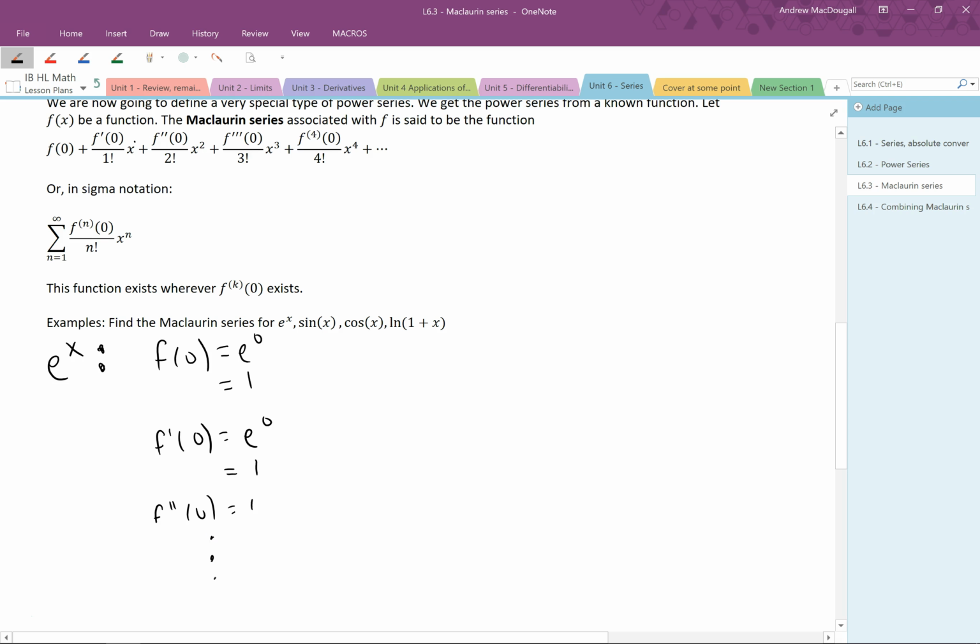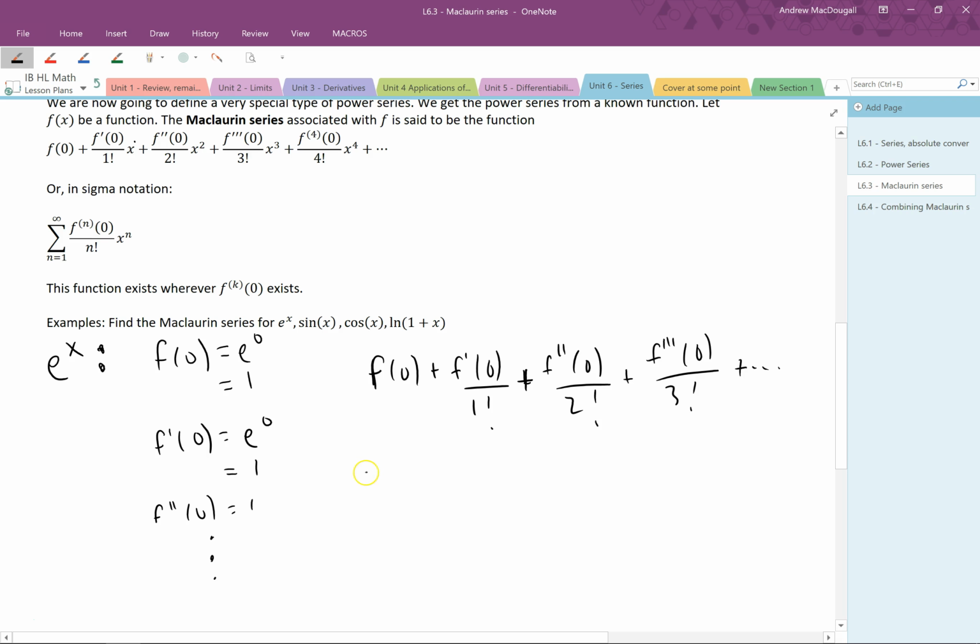So the Maclaurin series is f of 0 plus f prime of 0 over 1 factorial plus f double prime of 0 over 2 factorial plus, let's do one more, f triple prime of 0 over 3 factorial.